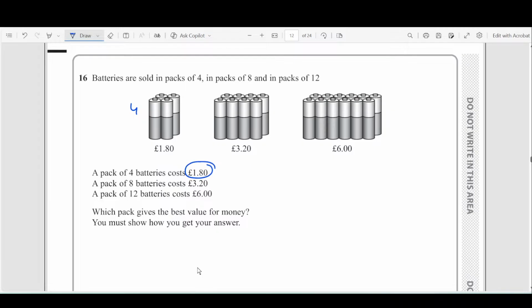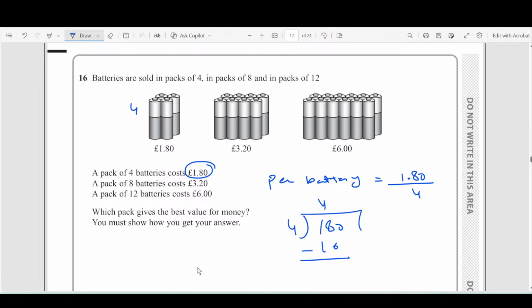So this is the cost of 4 batteries. To find the cost per battery, we can just divide 1.80 by 4. You can just ignore the decimal and divide 180 by 4. 4 times 4 is 16.